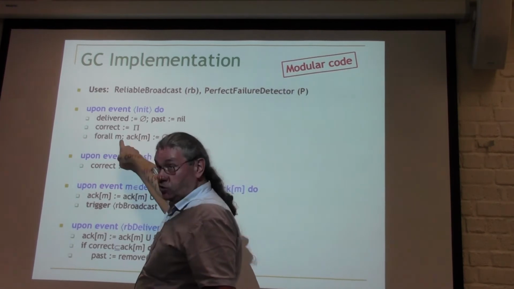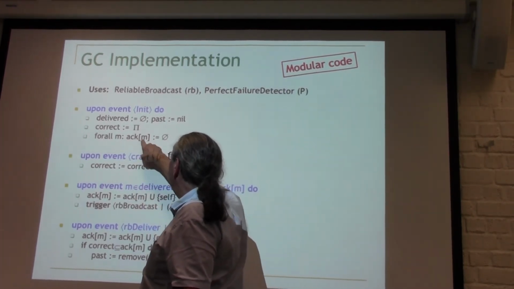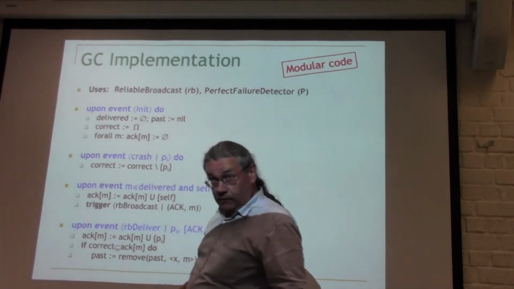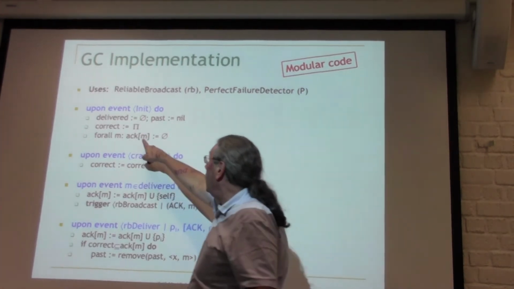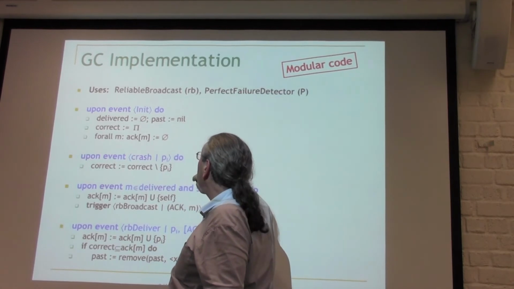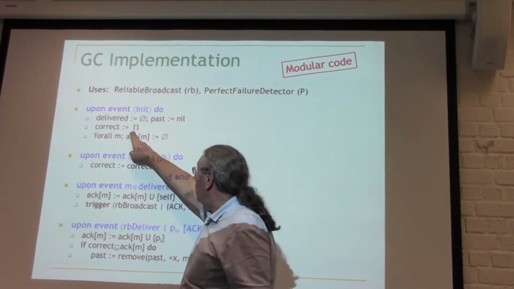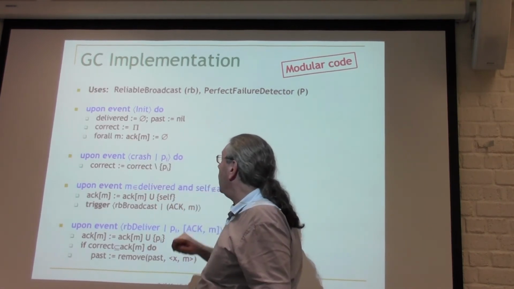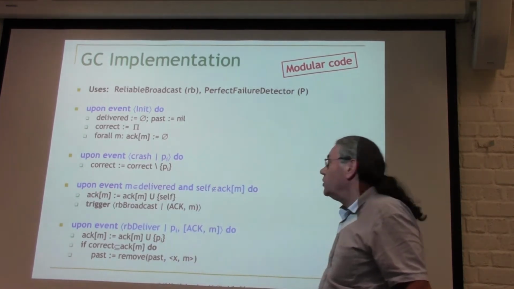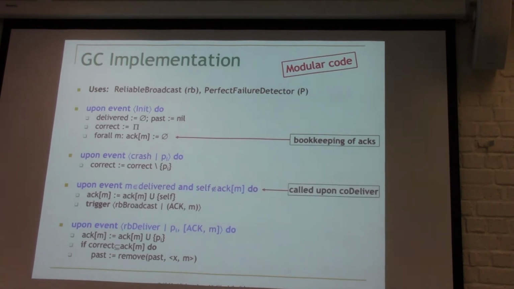First, the array of acknowledgements, which records which nodes have acknowledged message M. This array is indexed by the message, and for each message it keeps a set of nodes that have acknowledged. Correct is the set of correct nodes, and it starts out as all nodes from 1 to N. When I get a crash message, I remove that node from correct. Then we have two extra methods.